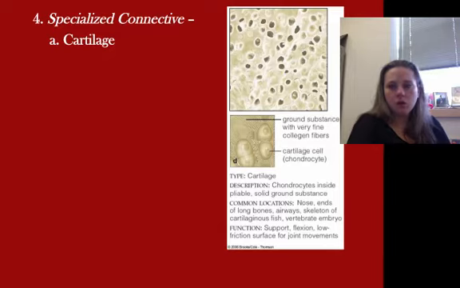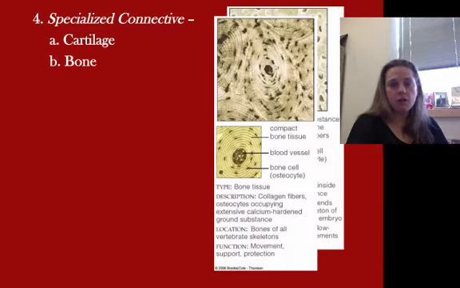Much of our early bone starts off as cartilage when we're born and then begins to form into more full bone. Second type is bone, a very, very hard connective tissue. Our bone tissue has a very calcified, very hard matrix.